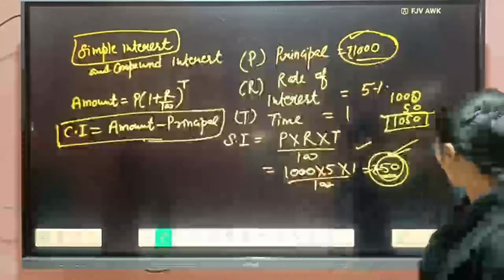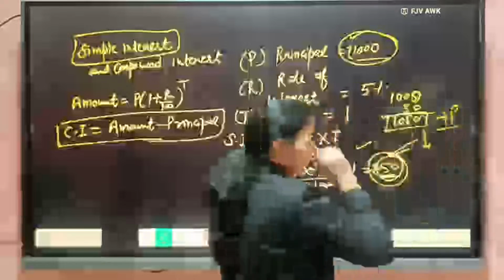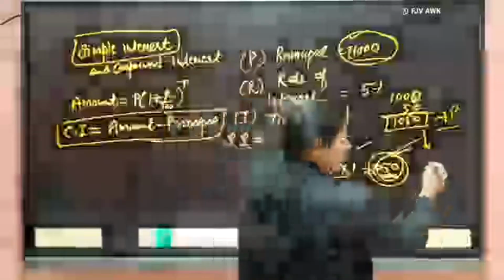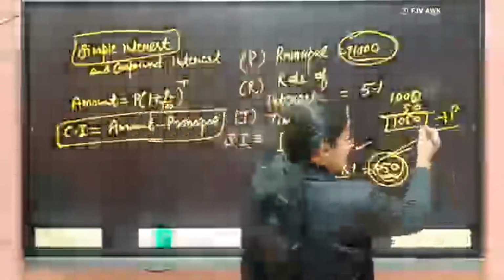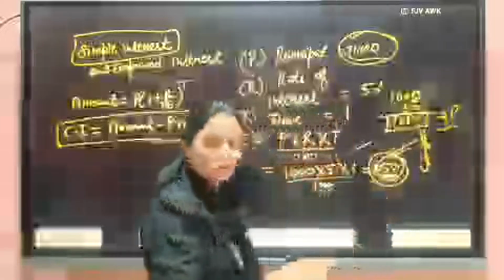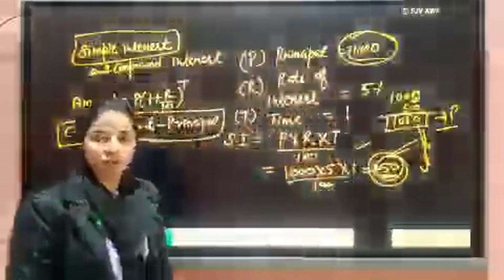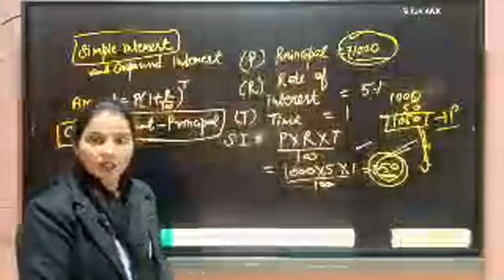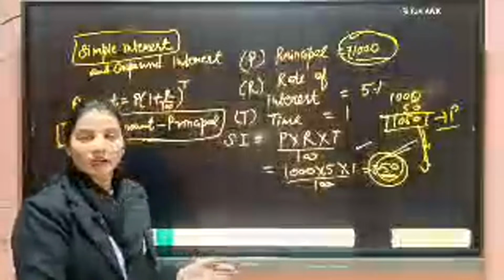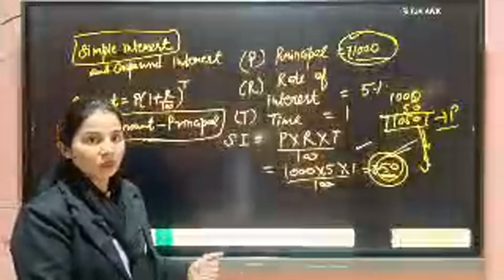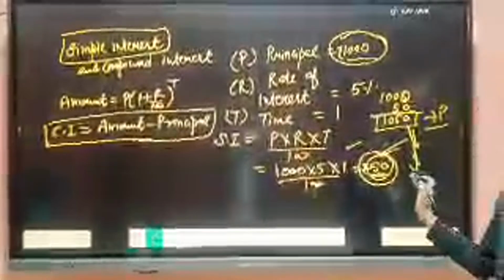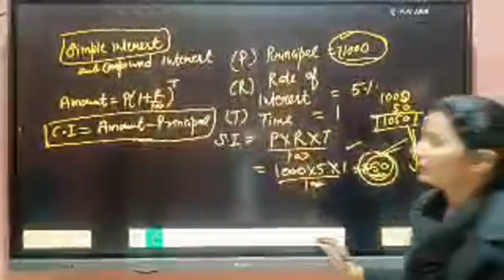The interest you get at the end of the second year will be added to your last principal. For the third year you will get a new principal. So you are adding interest every year to your previous principal, and then getting a new principal for the next year. This is compound interest.